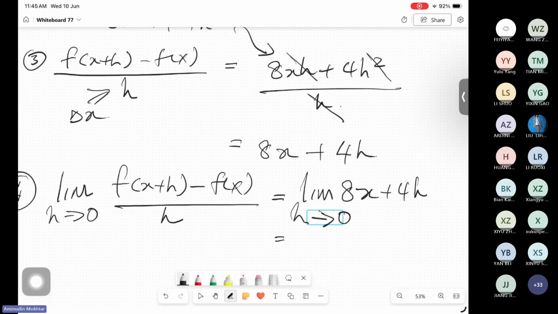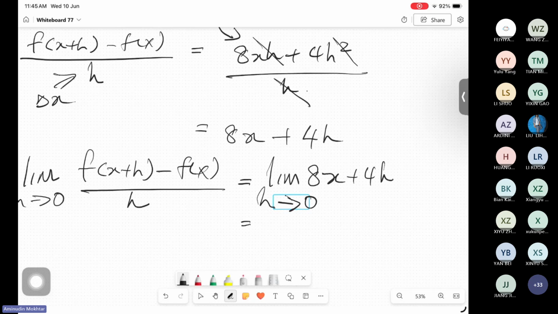We know we can find the limit by replacing h equals 0 in the question. So this is equal to 8x plus 4 times 0. The answer is 8x. The limit when h approaches 0 for the function is 8x.